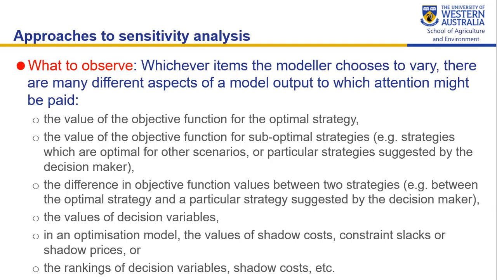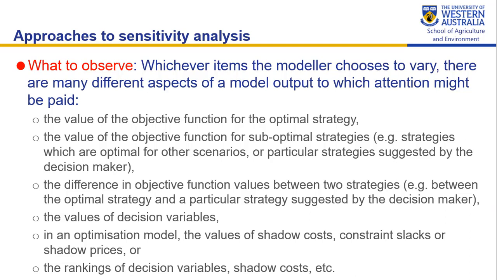What to observe? Whichever item the modeler chooses to vary, there are many different aspects of a model output to which attention might be paid. For example, the value of the objective function for the optimal strategy, the value of the objective function for suboptimal strategies, for example strategies which are optimal for other scenarios, and or particular strategies suggested by the decision maker.